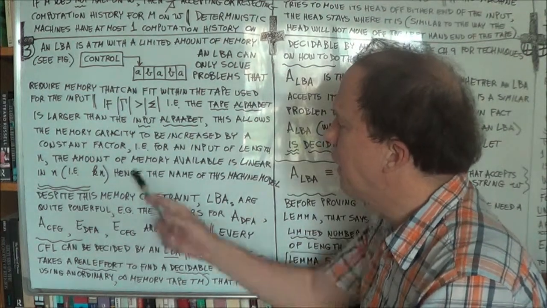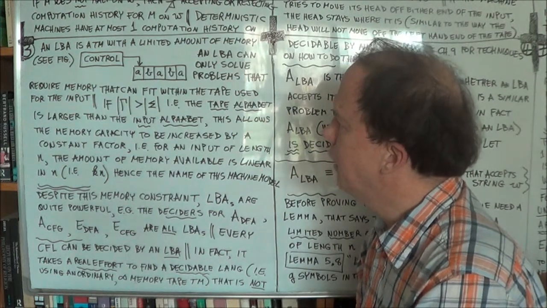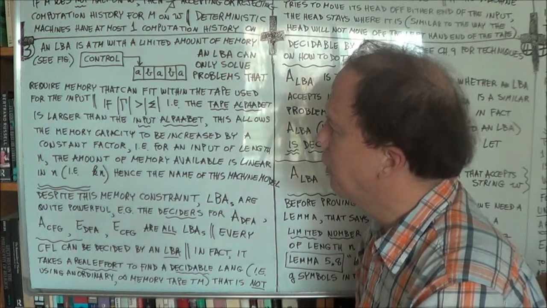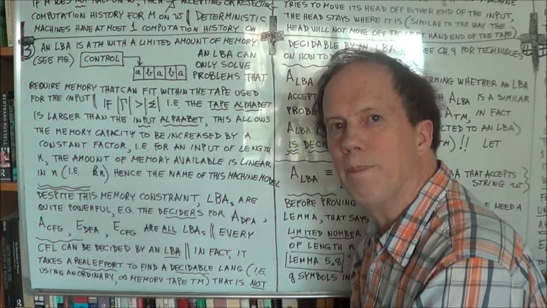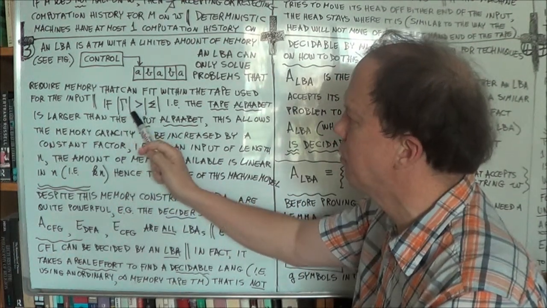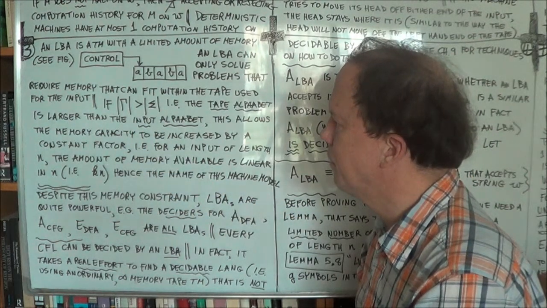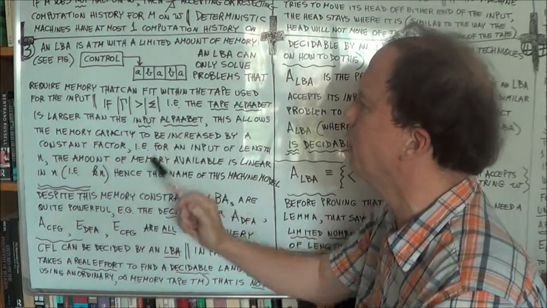And this is the set of all symbols that you can have on the tape. So the tape alphabet can have extra symbols that are not in your input alphabet.